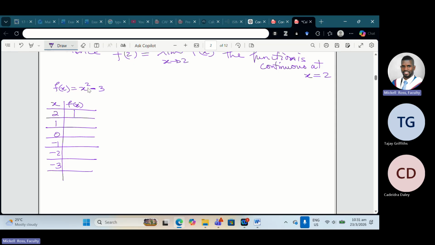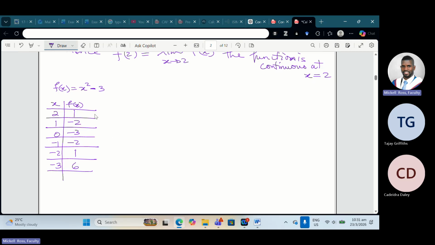When x is 1, 1 squared is 1 minus 3, -2. When x is 0, 0 squared is 0 minus 3, -3. When x is -1, -1 squared is 1 minus 3, -2. When x is -2, -2 squared is 4 minus 3, 1. When x is -3, -3 squared is 9 minus 3, 6.